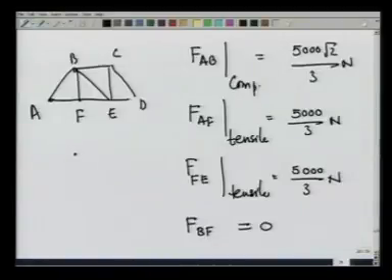Point B has a force pushing it this way, because FAB is compressive, it pushes by Newton's third law the pin out. There is no force in BF direction. There is a force FBE in this direction, and there is a force, let us assume now, to balance forces, FBC in this direction.